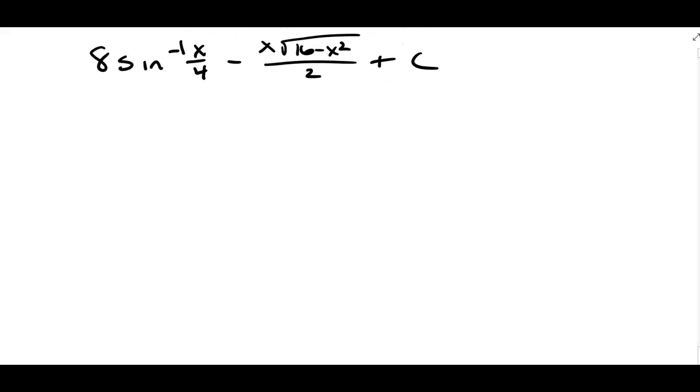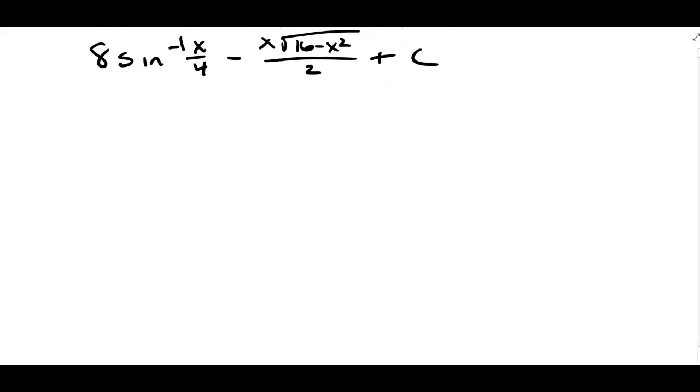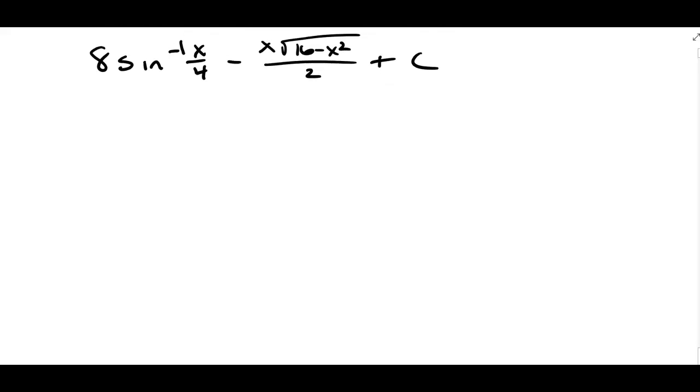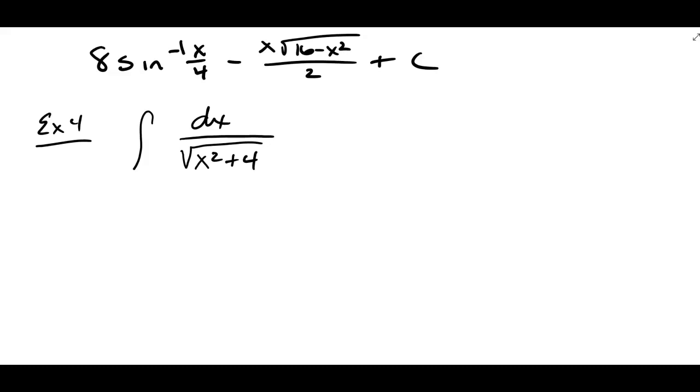All right, I'm going to jump to a little bit different one right now, real quick. I think this is example 4. And this is the integral of dx over square root of x squared plus 4. The reason I'm jumping ahead to this one is it's a nice base.